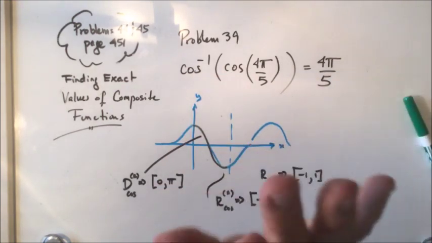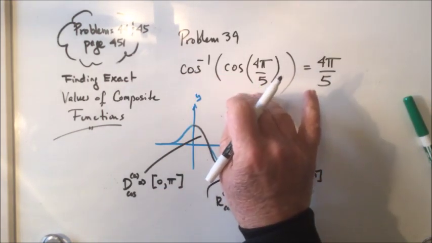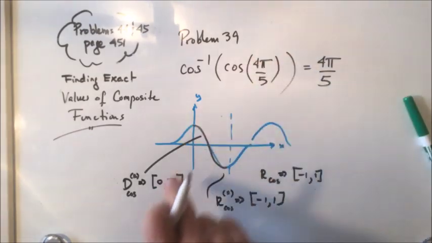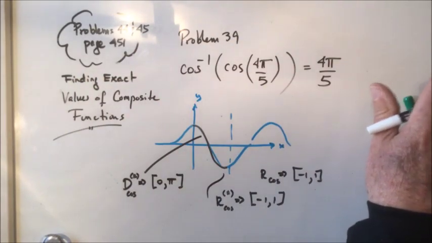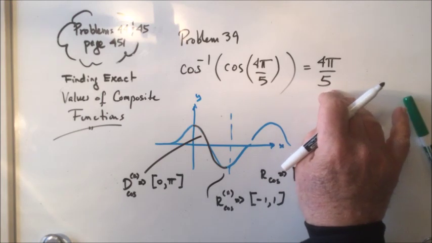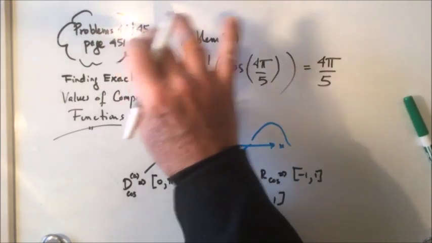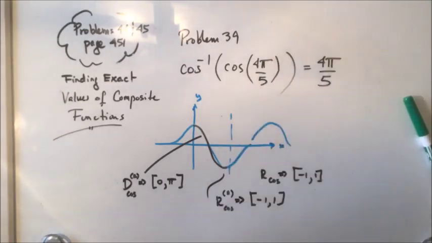I never use that word. I'm not sure I know what it means, but I think it applies here. If this value is in the restricted domain, then we can go ahead carte blanche and just take the arc cosine. Funny thing happens when this is not the case, and that's what problems 44 and 45 are about.